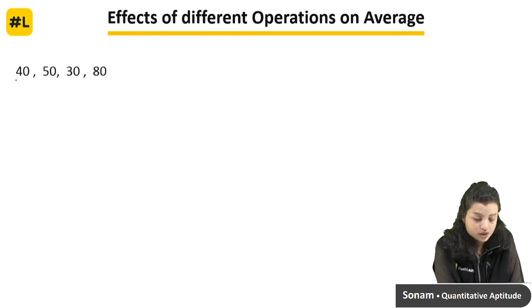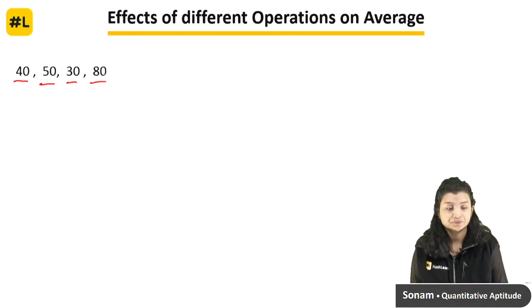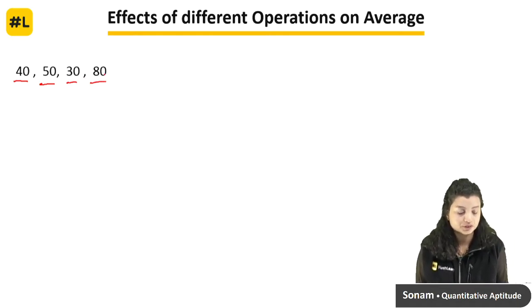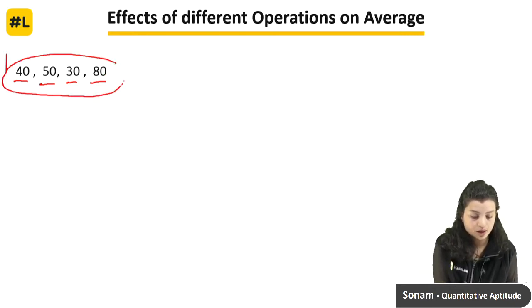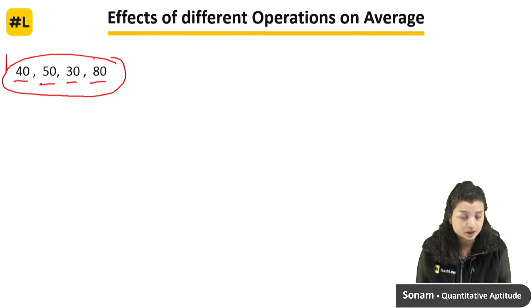Okay, if I give you these 4 numbers, tell me what do you get average? Yes, Vishaka, your answer is right. Try to find this. These are the numbers and you need to find the average of these numbers.